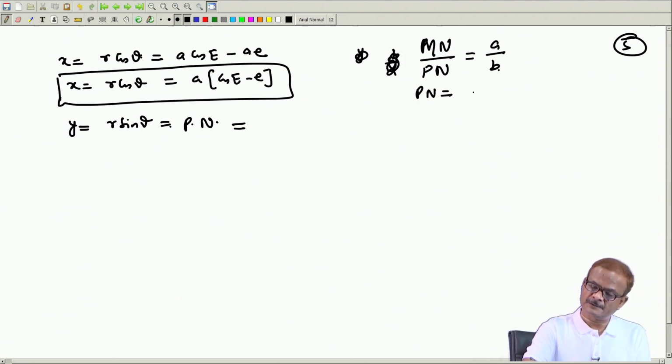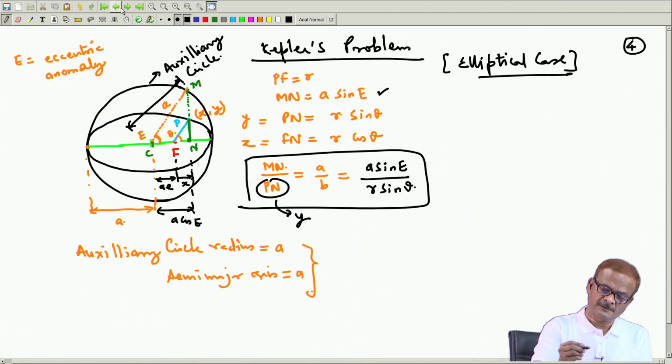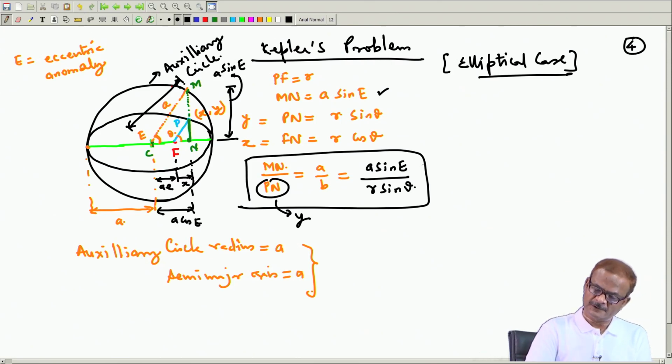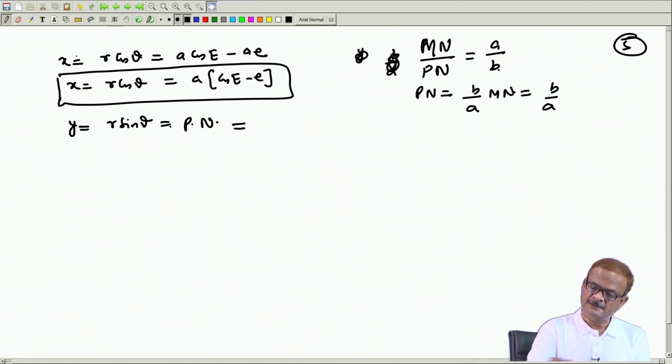So, therefore, PN equal to B by A times MN, and MN, if we go back, is the distance from this place to this place, MN is A sin E. So, already we have written here in this place. So, this equation we are just rearranging.